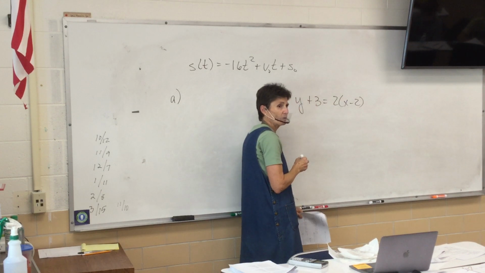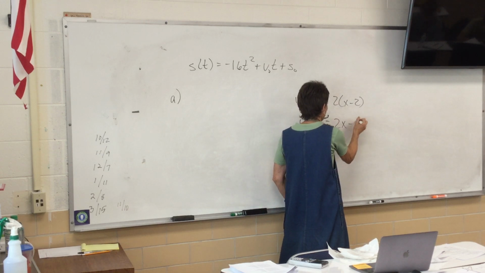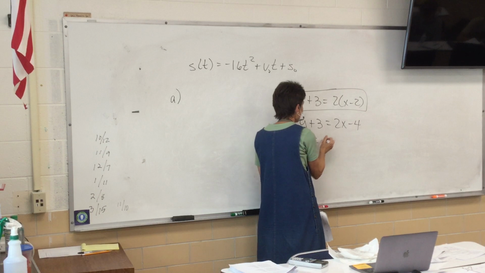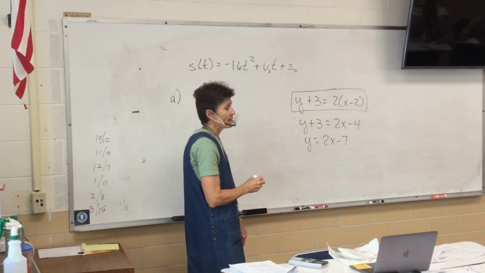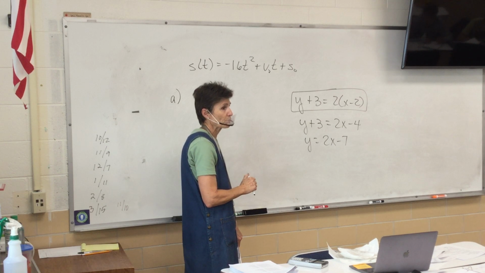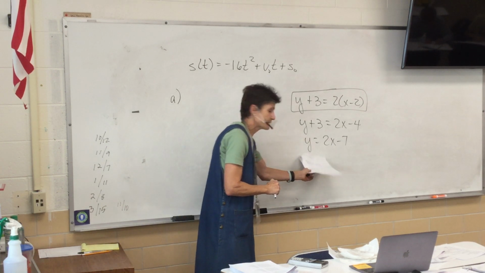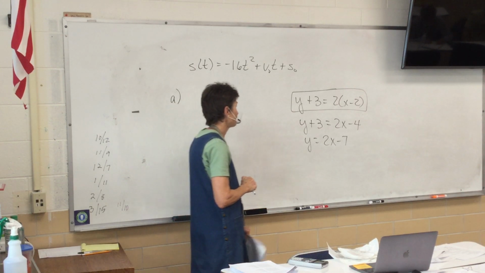Maybe I wrote my point wrong. Did I write my point wrong on the board? Yeah. So y plus 3 equals 2x minus 4. So this would be your point slope form. And then y equals 2x minus 7. I think maybe I had my point backwards. So this is the slope intercept form. Thank you, Navi.